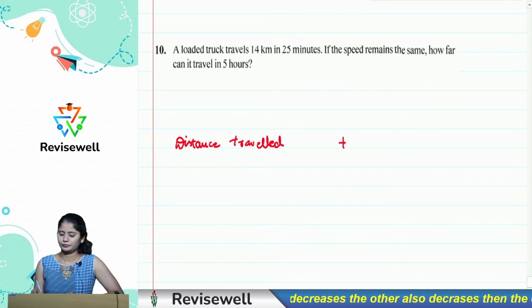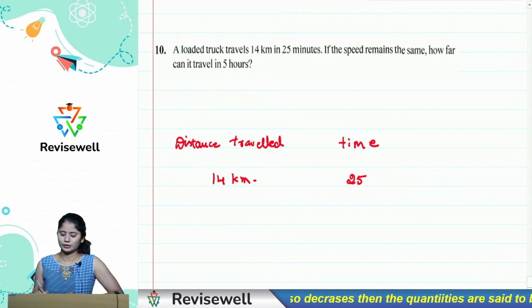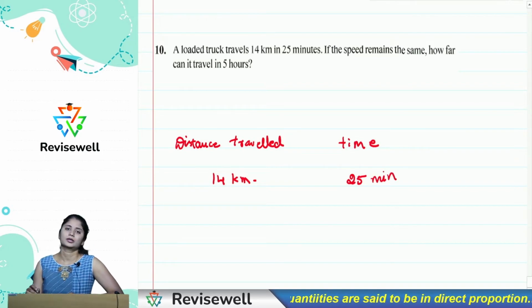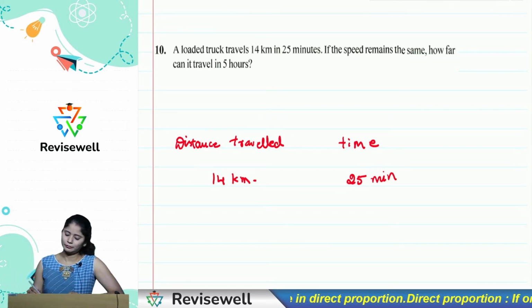If the distance traveled is 14 kilometers, the time taken is 25 minutes. The other time is in hours, so let me convert hours into minutes. 1 hour has 60 minutes, so 5 hours will have 300 minutes.